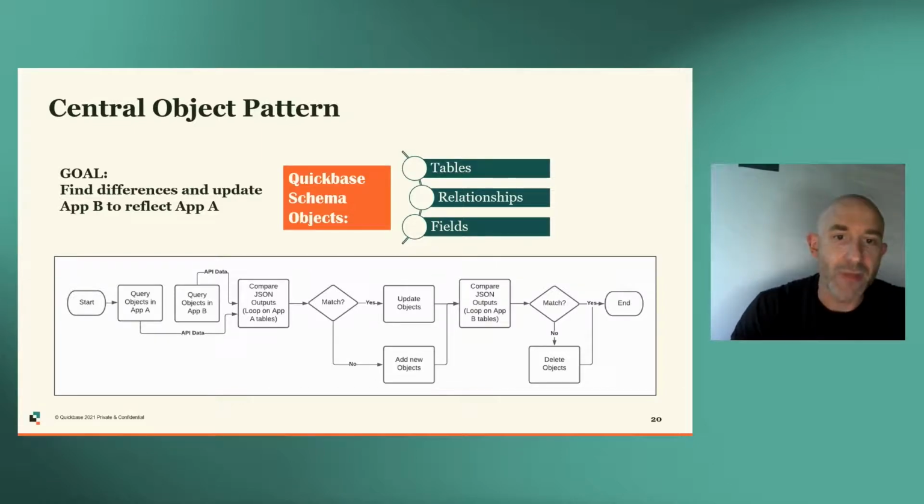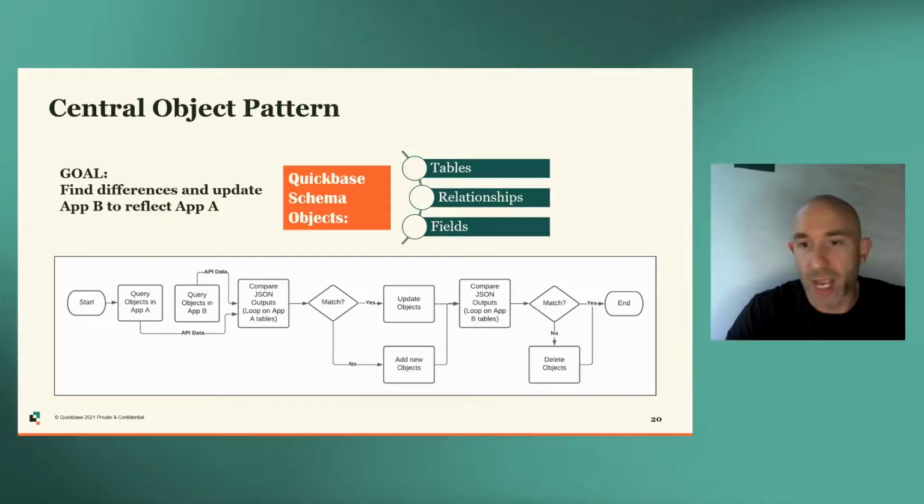Then we're going to compare the output by looping through a list of the tables for application A and comparing that against app B. If we find a match, we want to check if there are any differences in the properties, and go ahead and update that object. If we didn't find a match, then that's a new table that we need to add to our target app, and we'll go ahead and add that table.